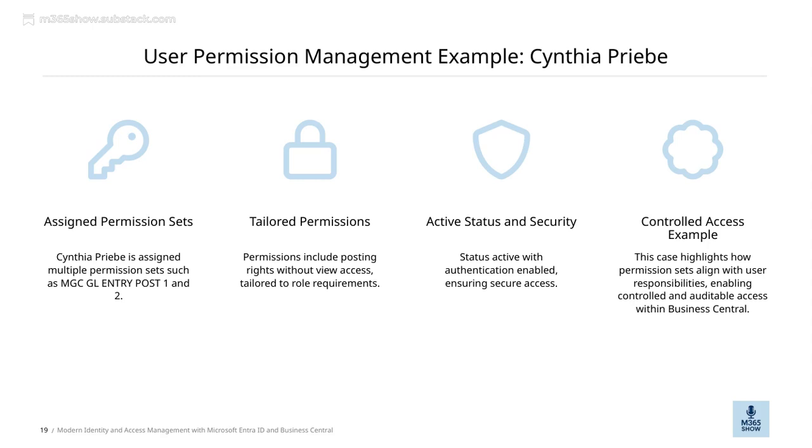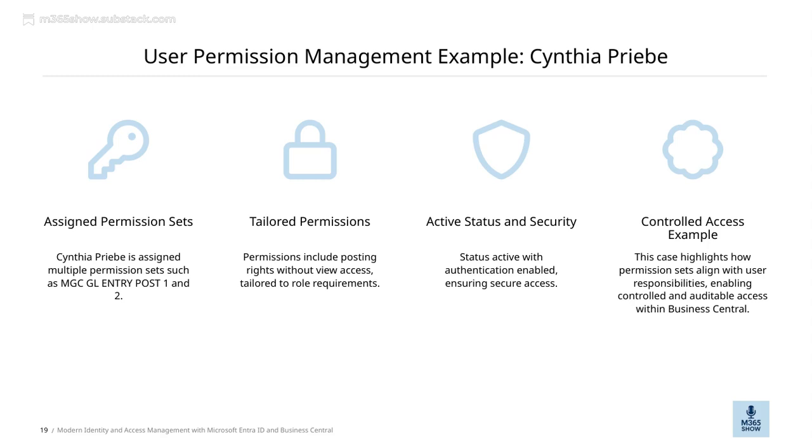When it comes to permissions, Cynthia has tailored access. She's granted posting rights, but she doesn't have view access. This kind of role-specific permission setup is crucial because it aligns her capabilities directly with her job functions, minimizing unnecessary access and potential risks. Additionally, Cynthia is assigned multiple permission sets, such as MGCGL entry post 1 and 2.